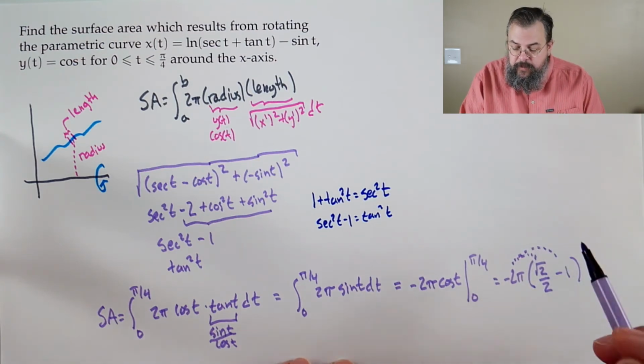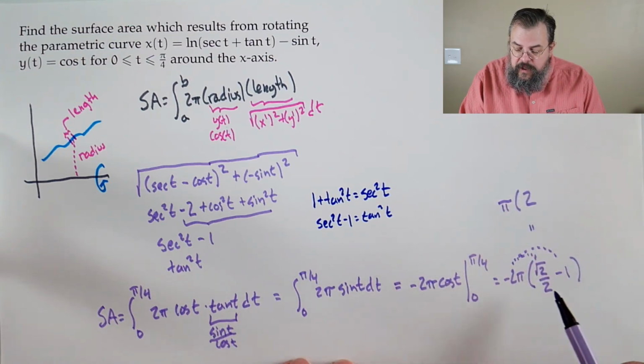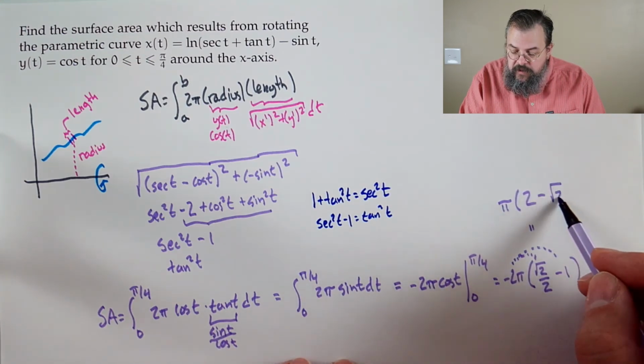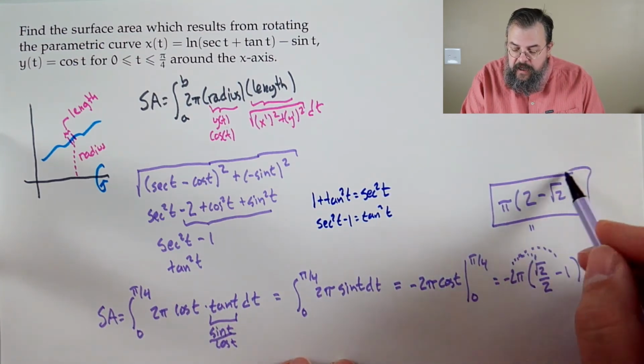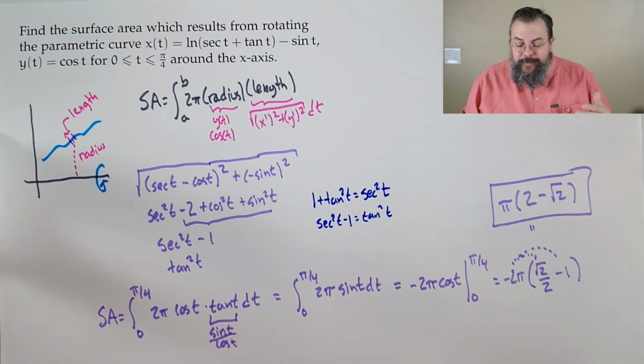Minus 2 times minus 1 leaves us with a 2. Then minus 2 times root 2 over 2 leaves us with a minus root 2. So pi times 2 minus root 2. Nice answer. Beautiful. It worked out really nice.